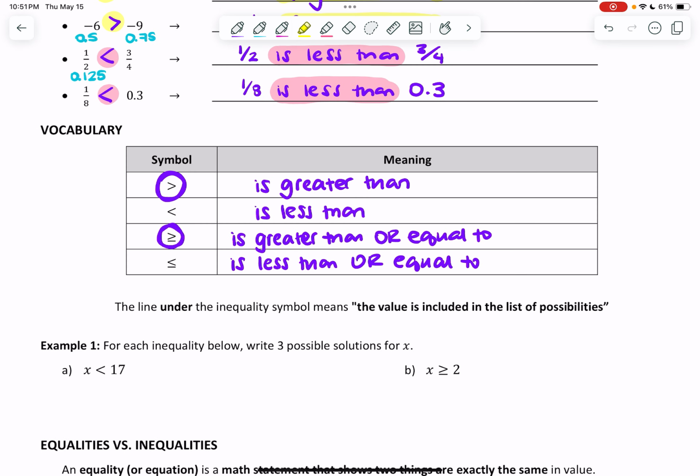Just to summarize, that line underneath the inequality means that the value stated is included in the list of possibilities. So I want to spend at least $10. That means whatever amount I want to spend is greater than or equal to 10. 10 is included in the list of possible answers.